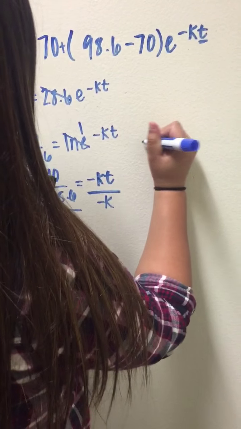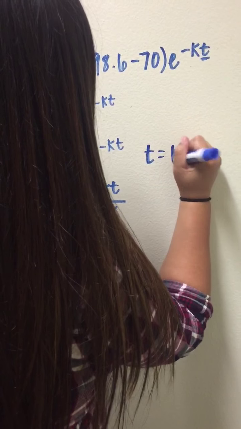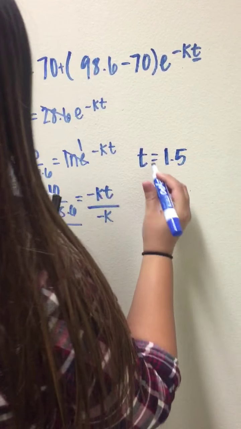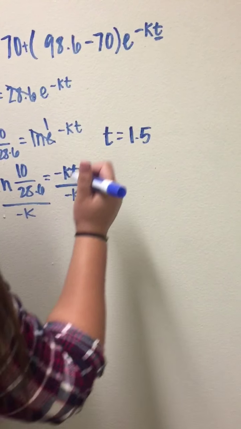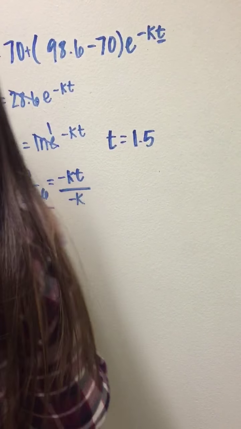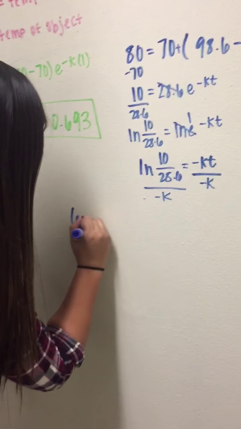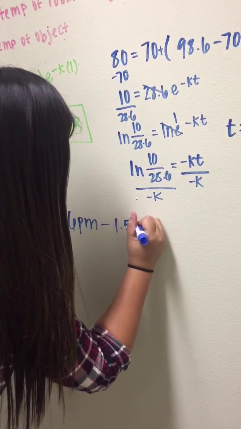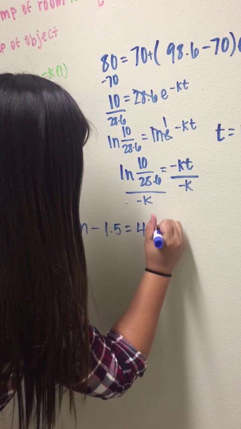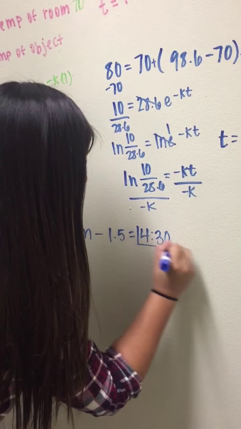And we're going to round to the nearest tenth since we're using hours. So now that we know that the time is 1 hour and a half, and they initially found him at 6 p.m., we're going to take away 1 hour and a half, which gives us a time of death of 4:30.